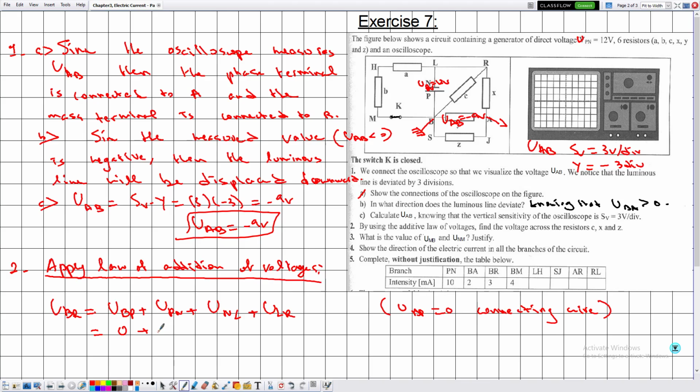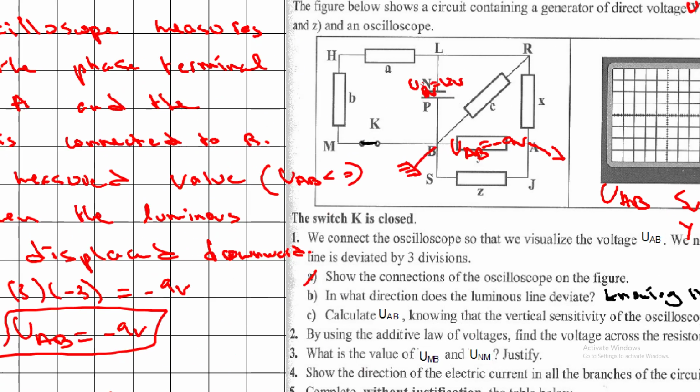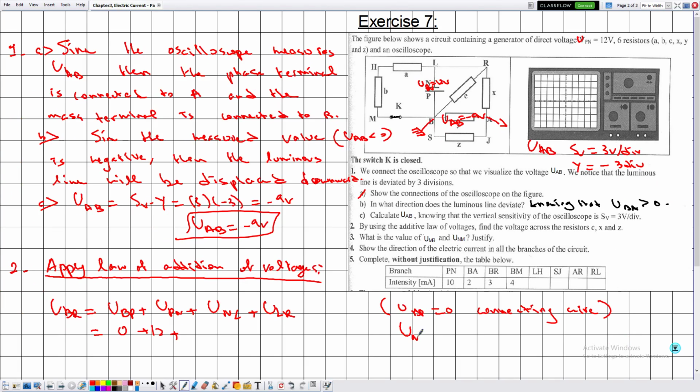Now UPN is given by 12, and UNL is 0, a connecting wire. And ULR is also 0 because it's a connecting wire. So in this case, this is equal to 12 volts. So UBR is equal to 12 volts.